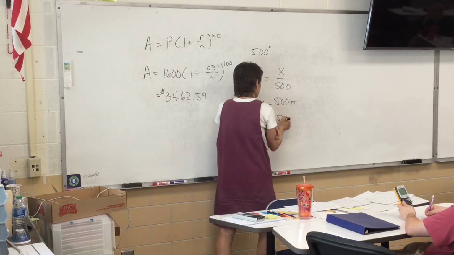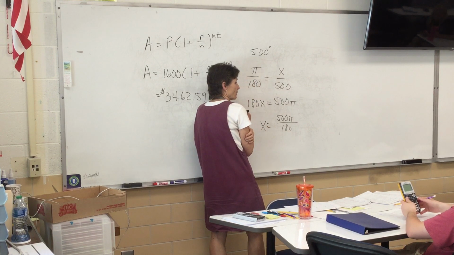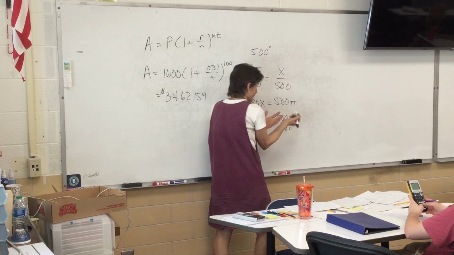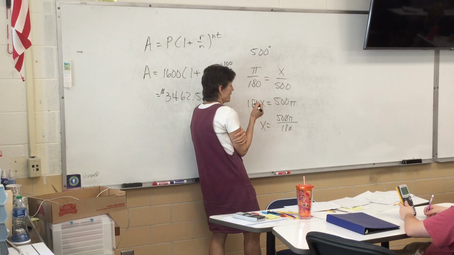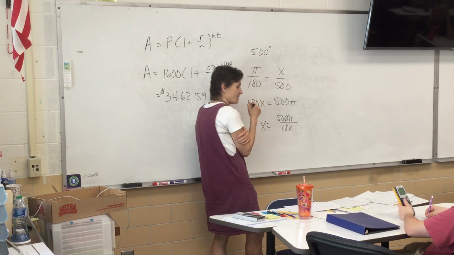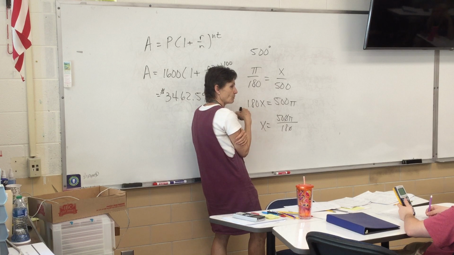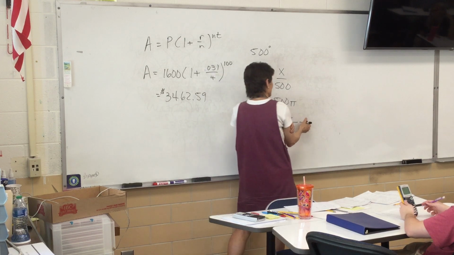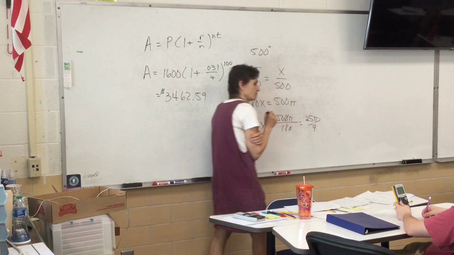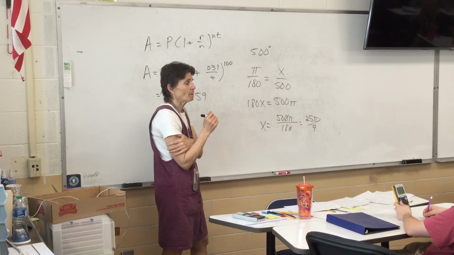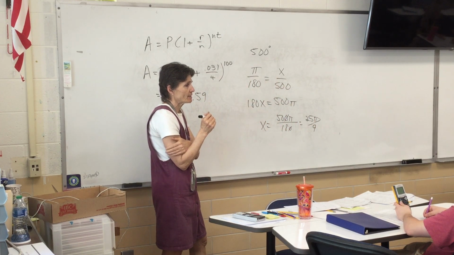So x equals 500 pi over 180. And then we always have to reduce that. A lot of times you'll remember the zeros cancel. Not every time, but a lot of the time. And then we have 50 over 18, which is 25 over 9. So 25 pi over 9 is your answer.